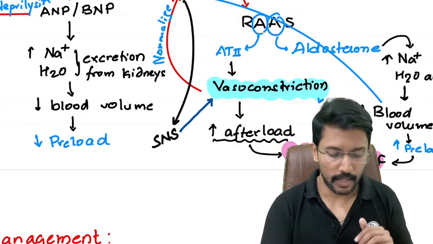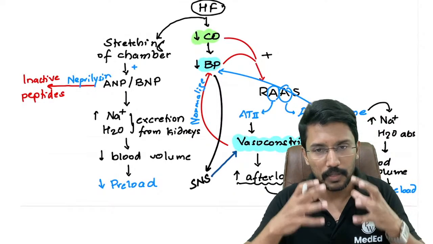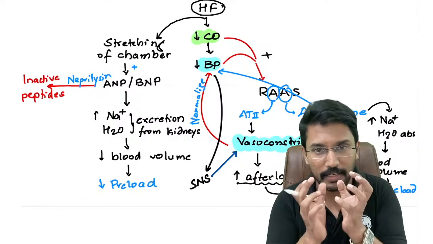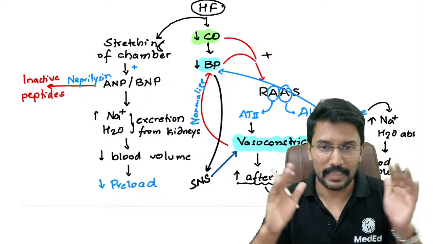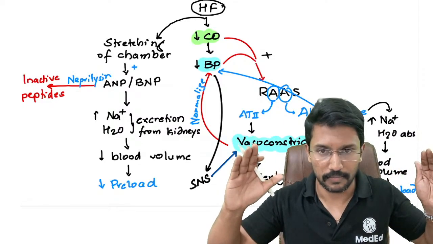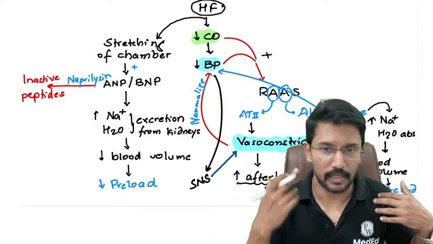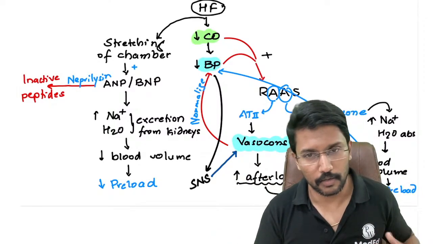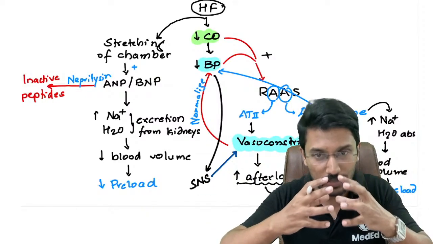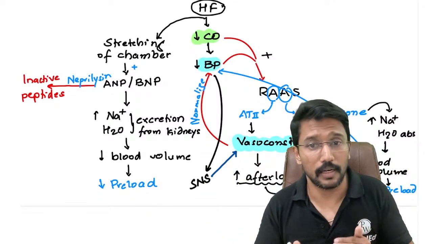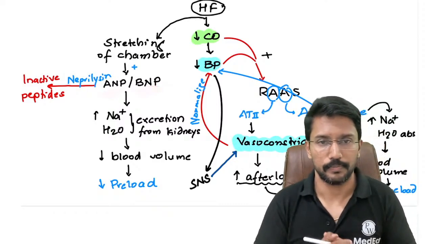Right? But there is also another compensatory change that happens in heart failure, that is when the ventricles are not able to contract well or relax well, the pressures inside the ventricles as well as the atria start rising. That's why we had orthopnea, PND and all. That's why we had raised JVP, hepatomegaly and all, because the pressures inside the cardiac chambers are increasing. Whenever cardiac chambers get stretched because of the pressure, they release the natriuretic peptides like ANP and BNP.